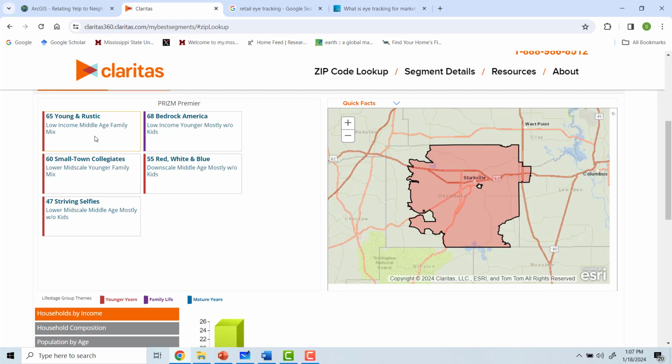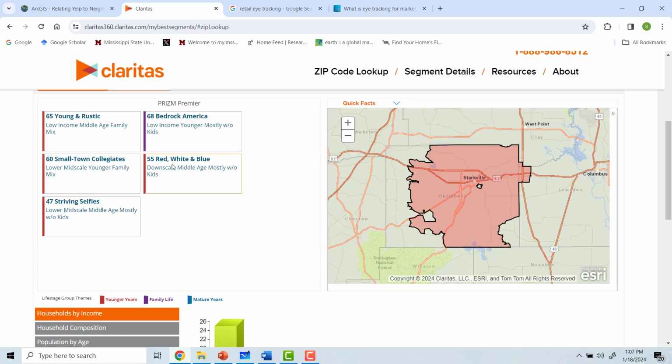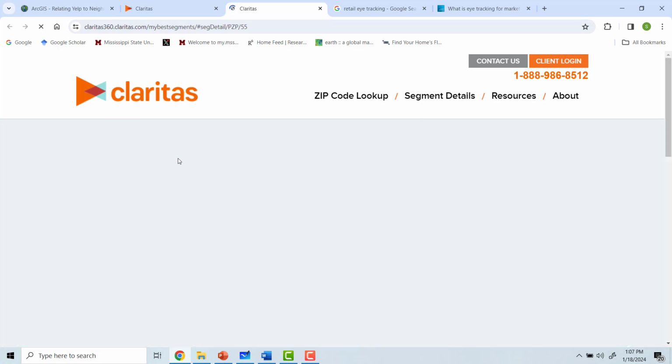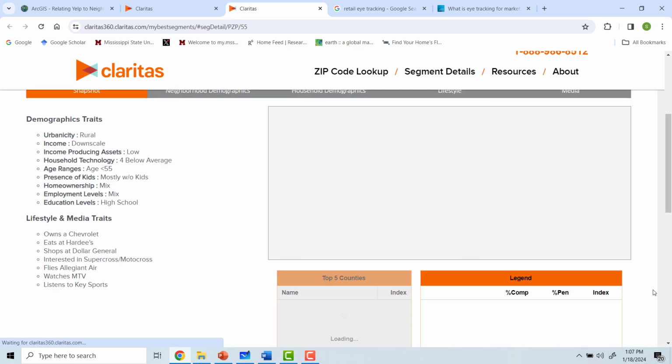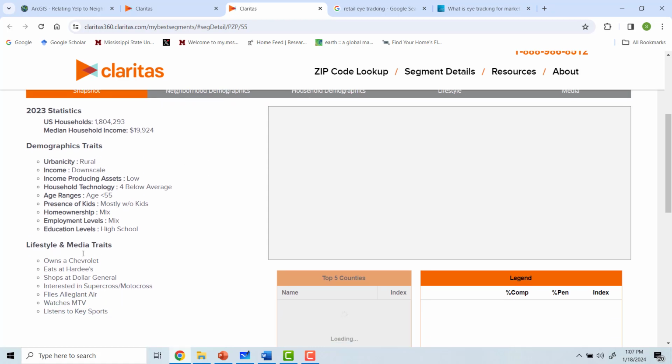So again, Walmart probably know that certain segments are better for Walmart than other segments. We could look at these different segments, and then we could get more information on the actual segments. My internet's taking a while today. A little bit more about their spending habits. Here we are.